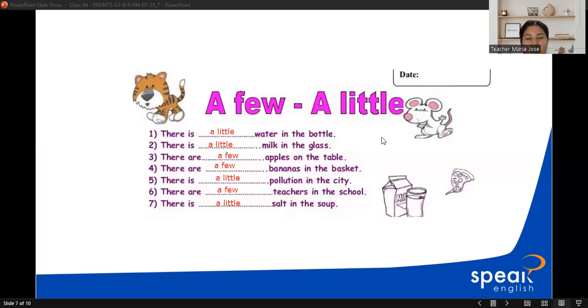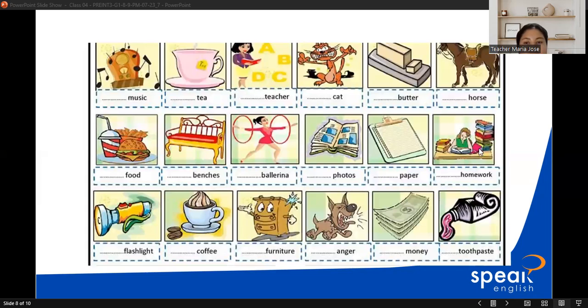All right. So now that we practiced with the different quantifiers, let's move along to the last one. In this case, you are just going to select whether you need to use fewer or less, okay? For this activity, you are going to do it in groups so you can discuss with your class.